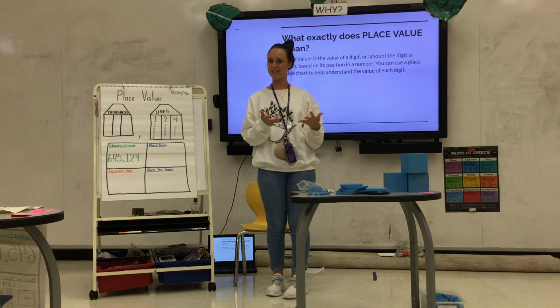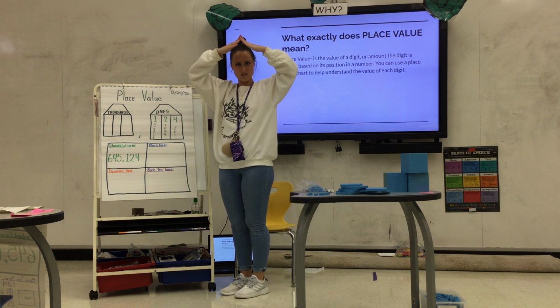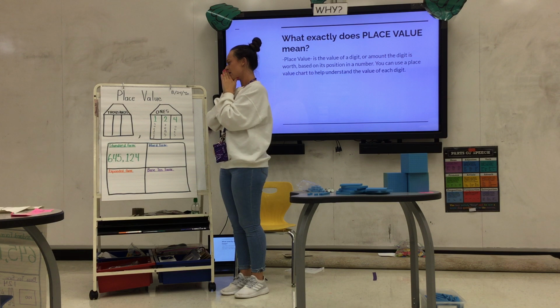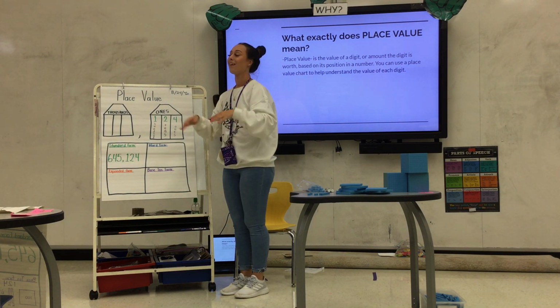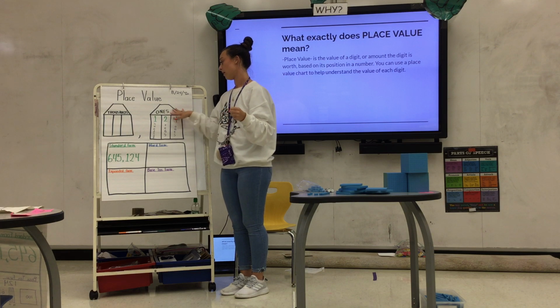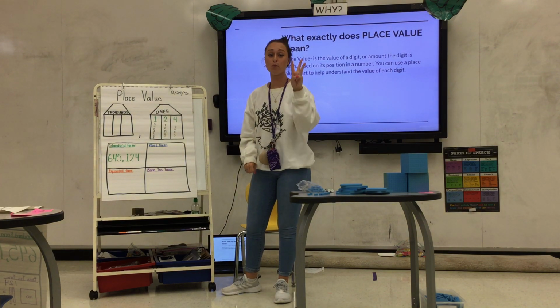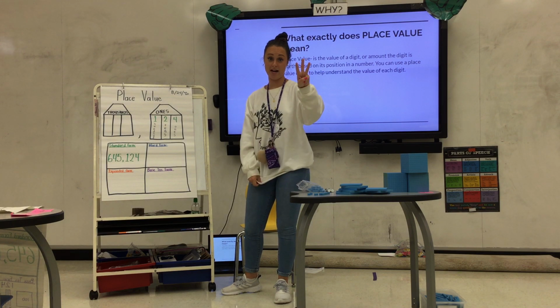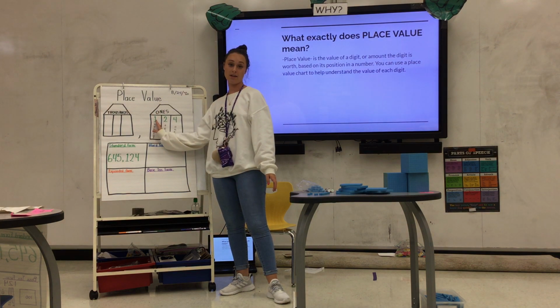Now, you probably noticed that they're kind of built like houses, right? They're kind of built like houses, and this is where it kind of gets tricky. In your house, and specifically in place value, we can only have 3 people in a house. So if you notice, there's only 3 people in the house.